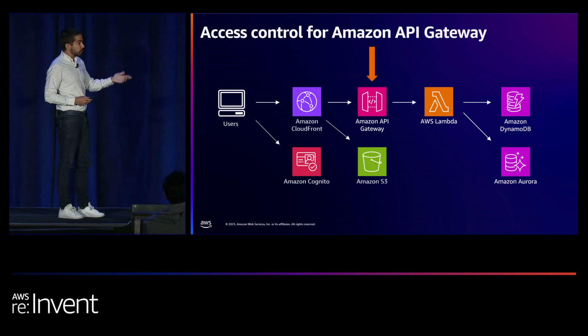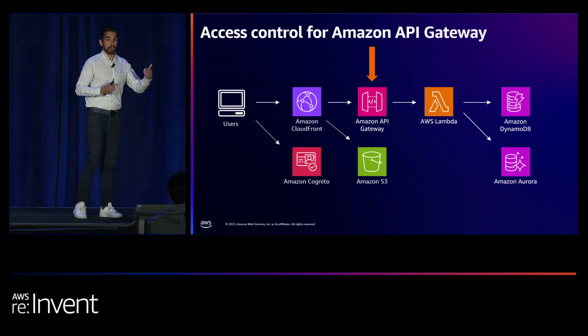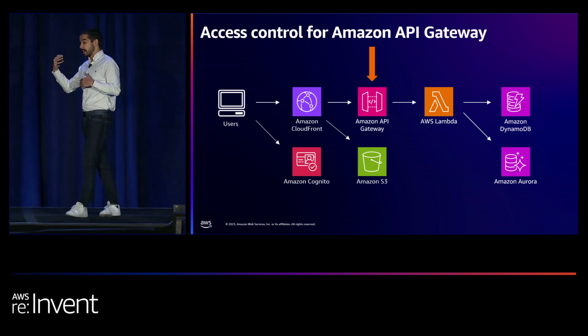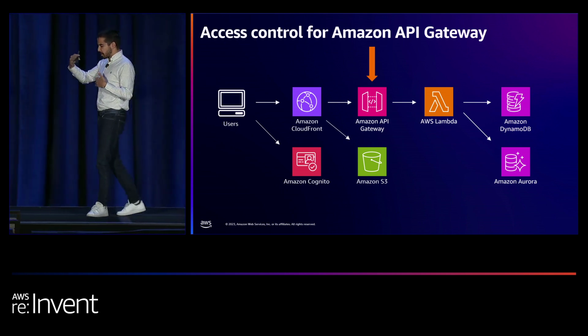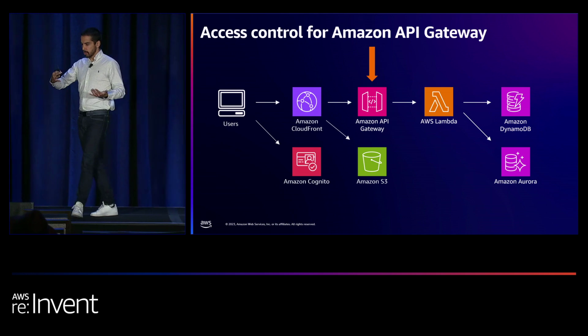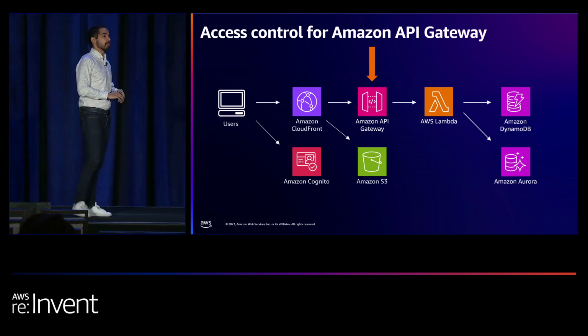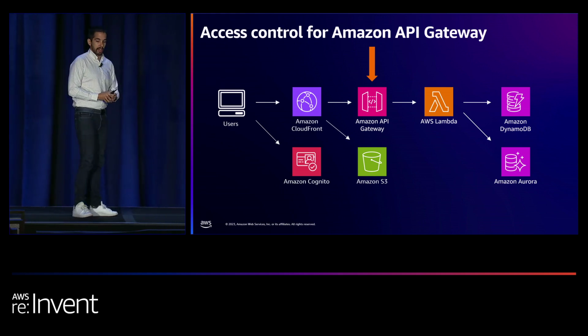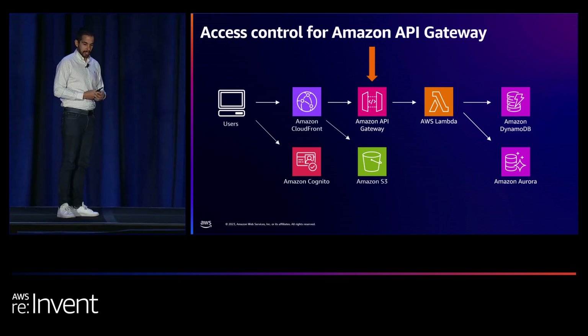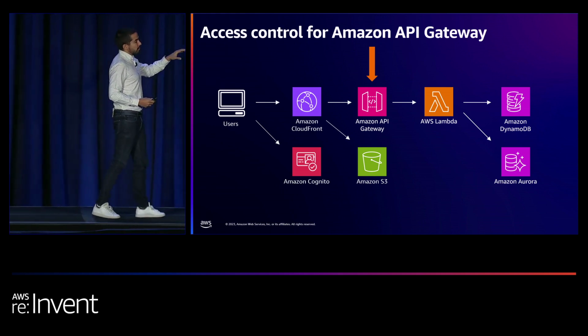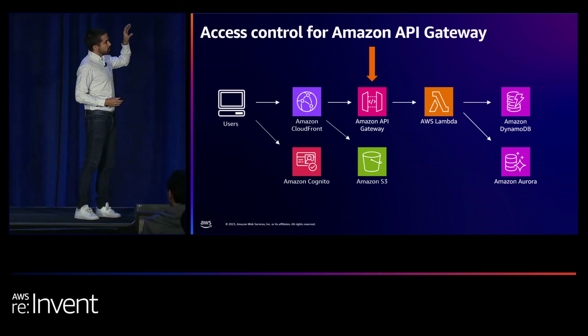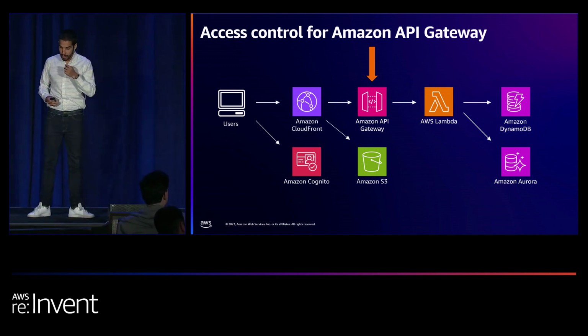So by choosing Cognito, you're making the application more secure because, in the shared responsibility model, you are offloading some of that responsibility to Amazon in the case of Cognito, or to your OpenID provider if you choose another one. So let's move on from identity to Amazon API Gateway.